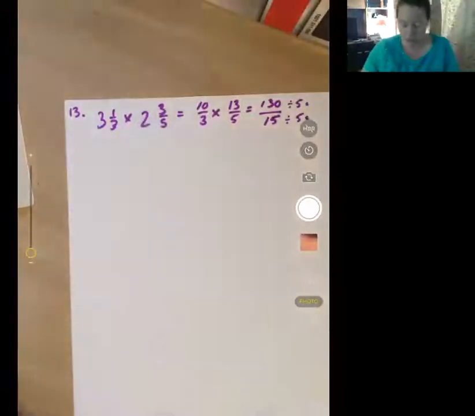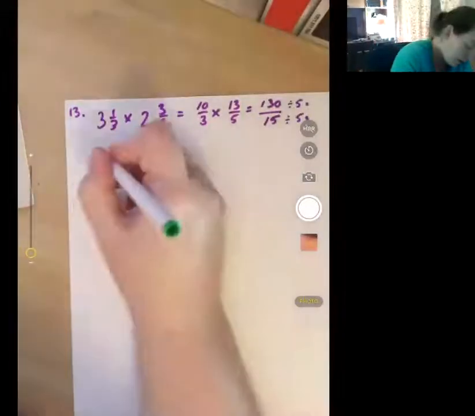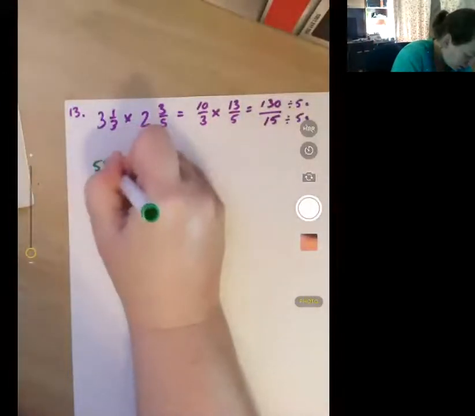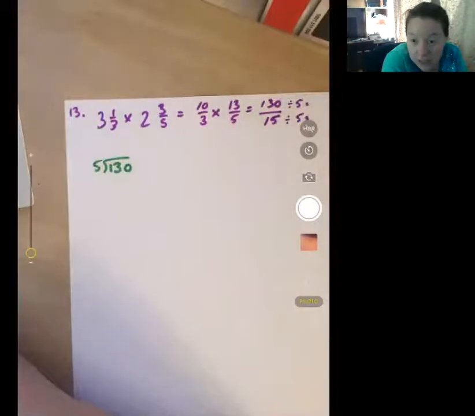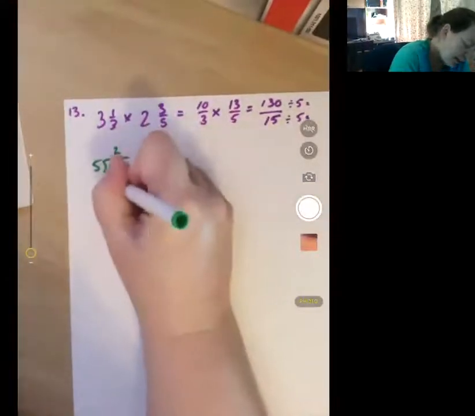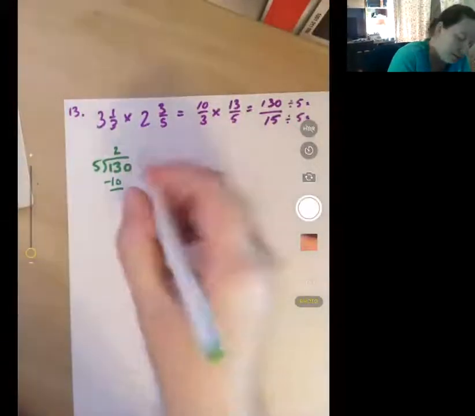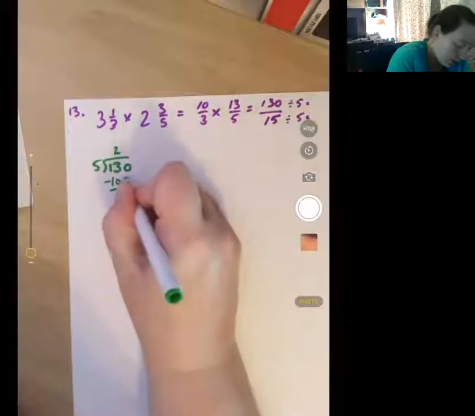So 5 goes into 130. Again, let me change colors. So 5 cannot go into 1, but it can go into 13. 5 times what? Times 2, because 5 times 2 is 10. 13 minus 10. 3 minus 0 is 3. 1 minus 1 is 0.